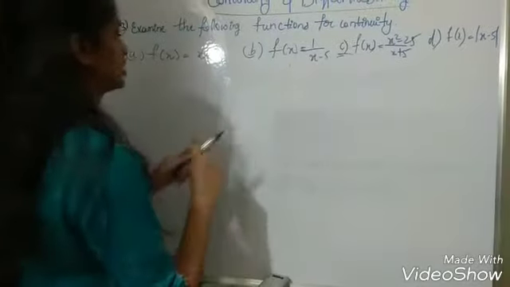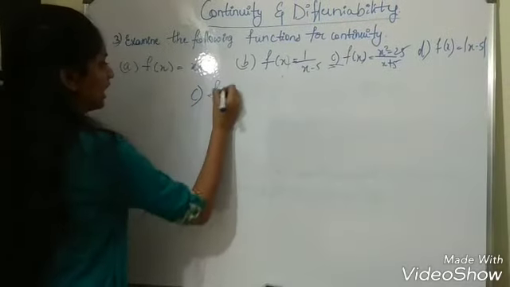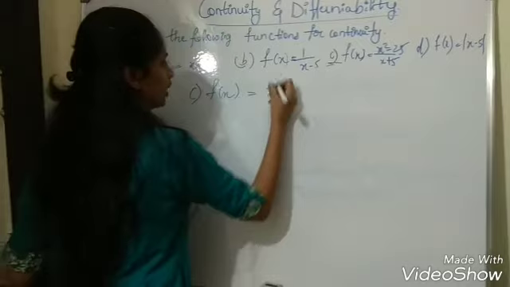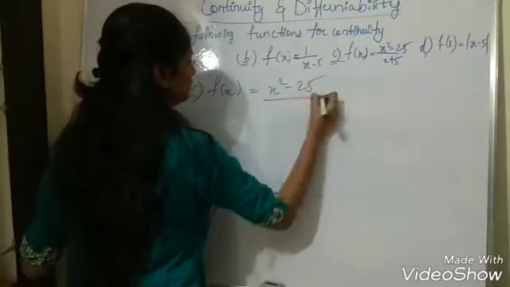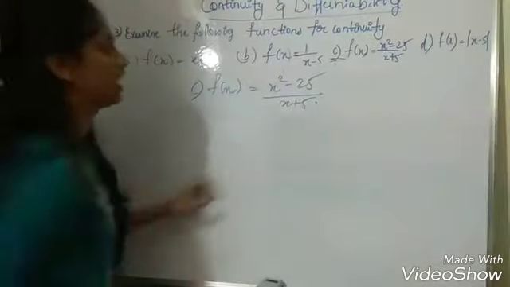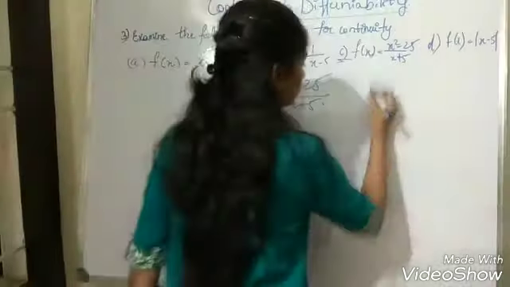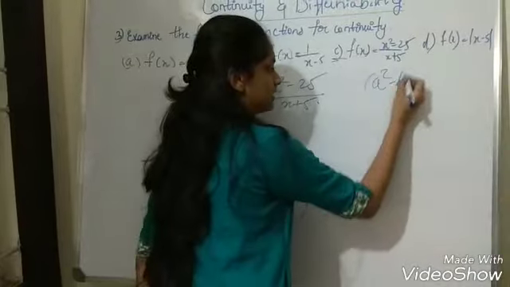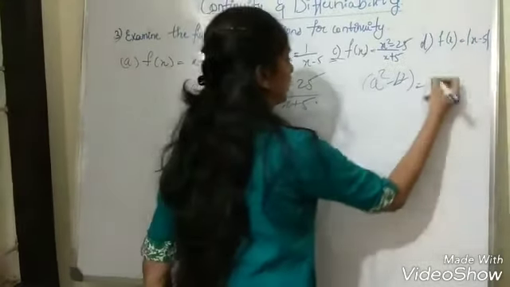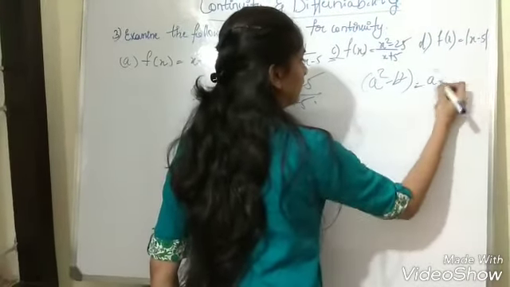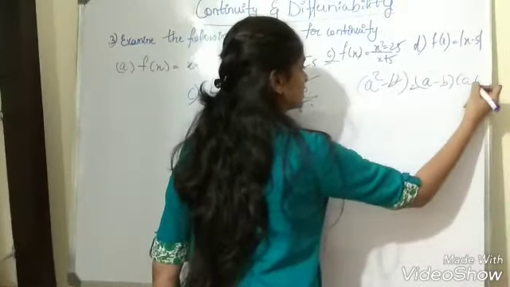Now let's do the C. f of x is equal to (x square minus 25) by (x plus 5). Now, this is in the form of a square minus b square, which we can write as (a minus b) into (a plus b).